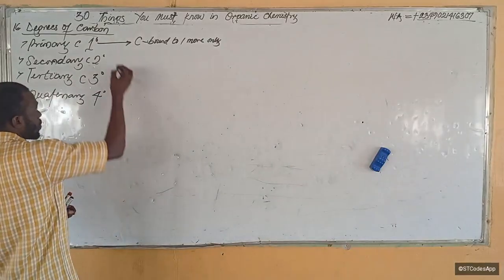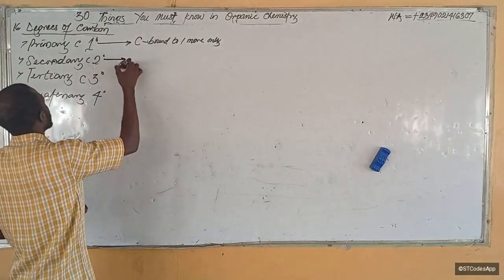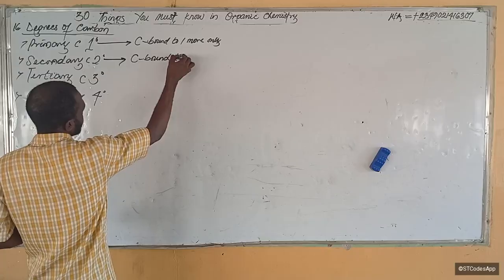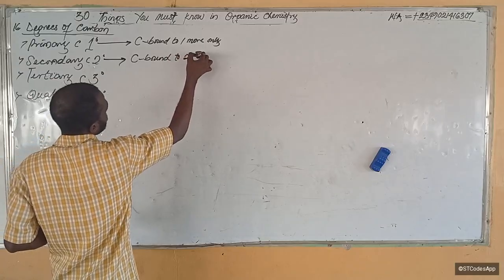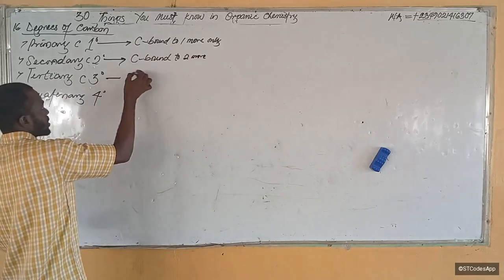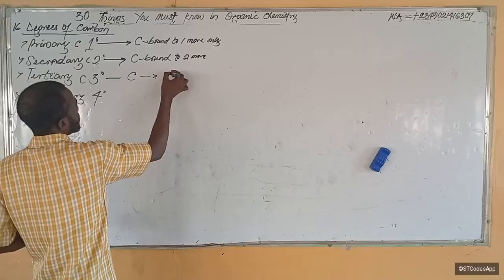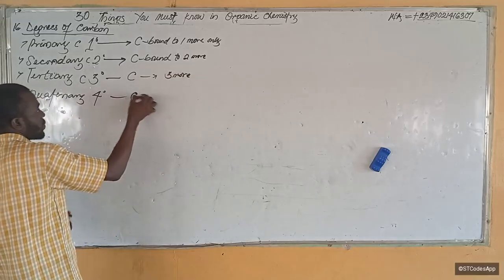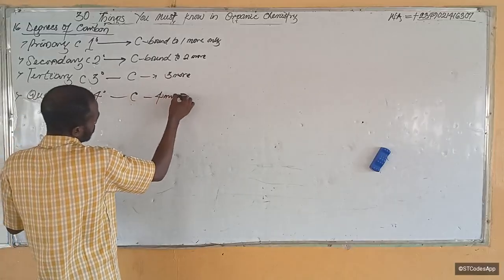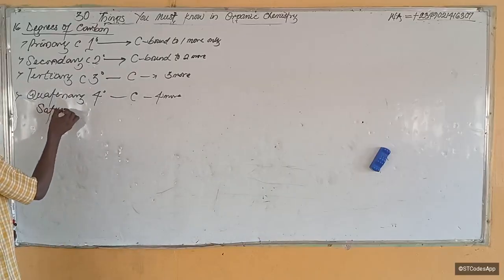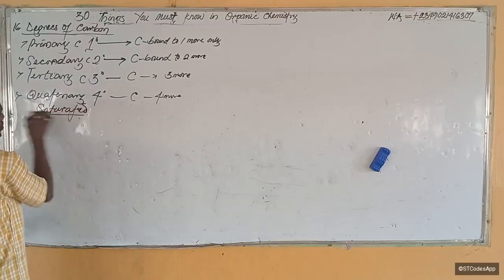Okay? And don't worry, when I give examples, you understand better. Secondary carbon: carbon bound to 2 more carbons. Tertiary: the carbon is bound to 3 more carbons. Then for quaternary, the carbon is bound to 4 more carbons.